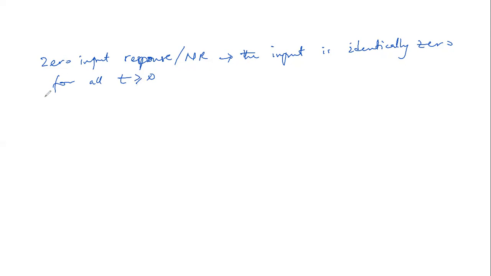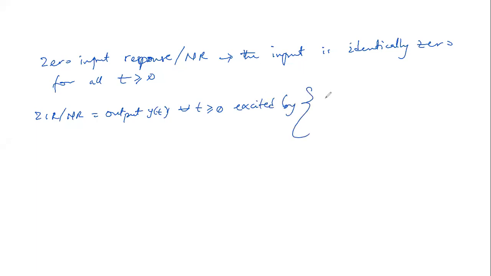So we can now say that the zero input response or the natural response is the same as the output y of t for all values of t greater or equal to 0, which is excited by S of t being some value other than 0 for some t less than 0.